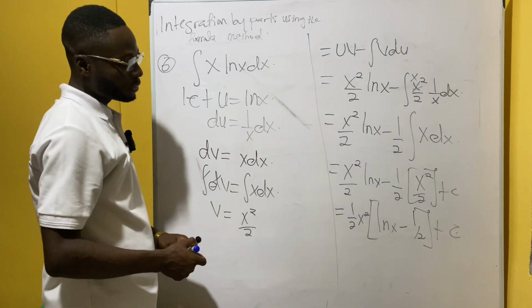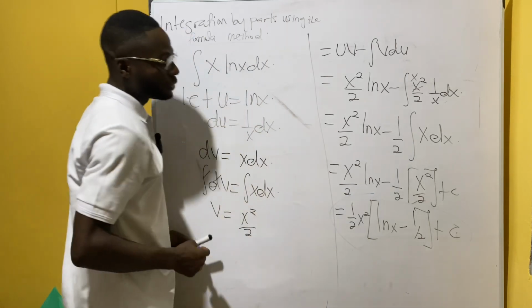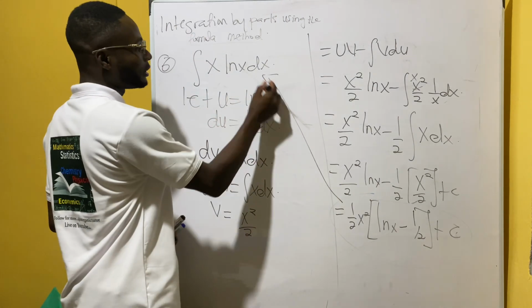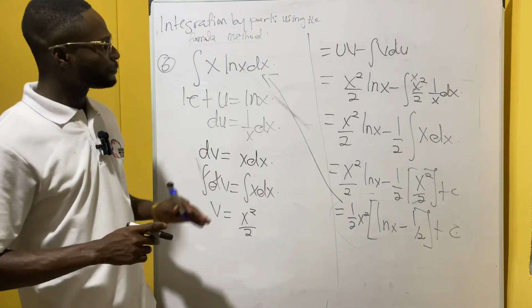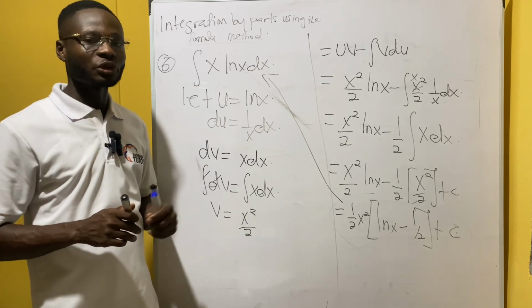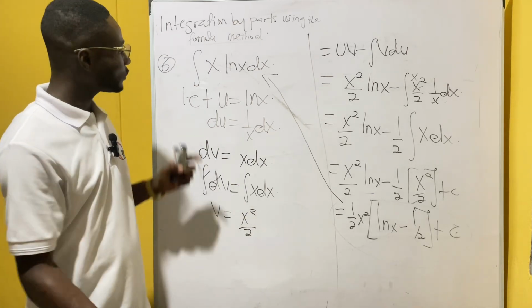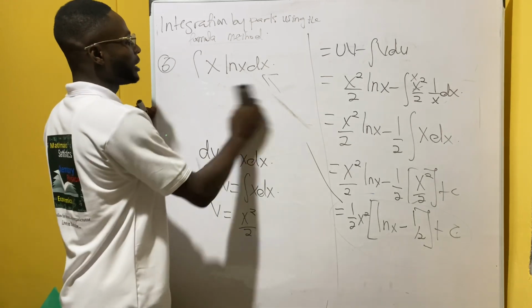So this is the solution to this particular problem. So easy. You just have to know what you are choosing for u and what you are choosing for dv, and that is the end of the work. So this is question number 6. Let's go to problem number 7.